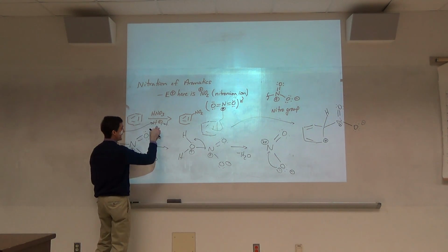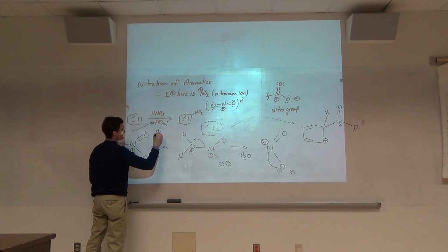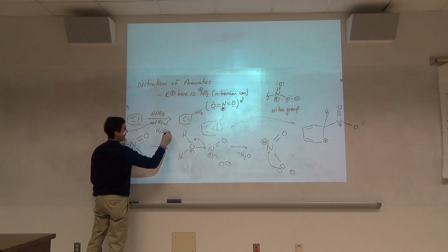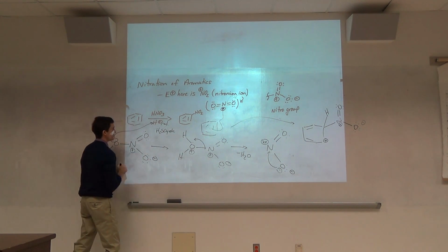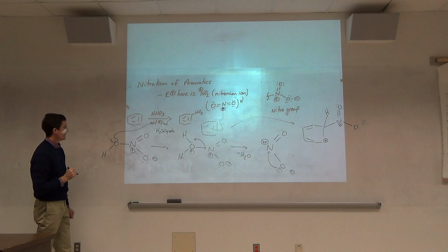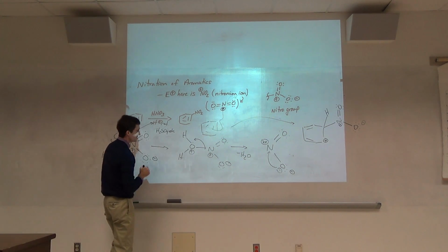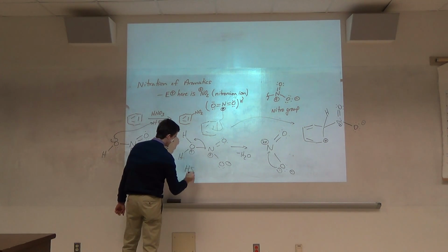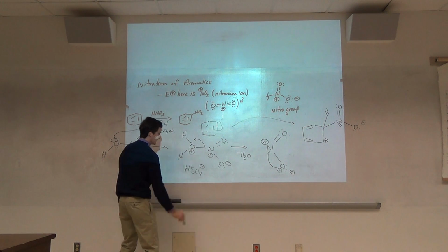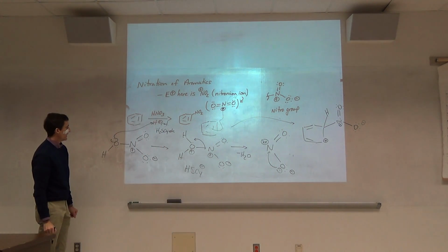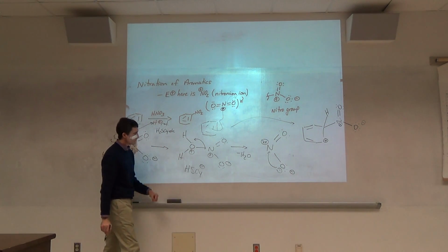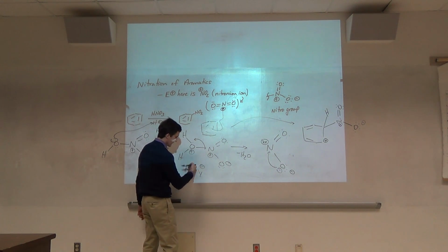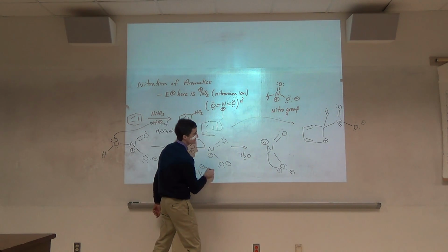This is going to be a strong acid, like sulfuric, etc. And so at this point, we have an HSO4 minus floating around. H plus, HSO4 minus. I'm not going to show lone pairs here, but this could take the H.